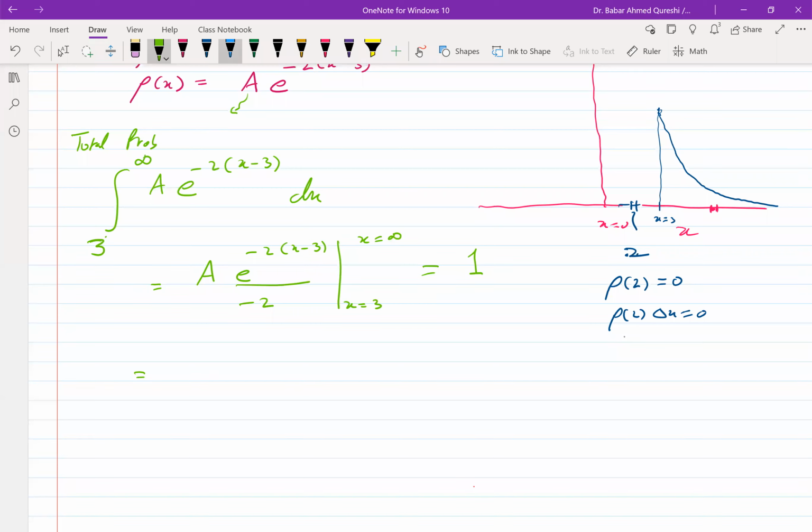Now this is equal to, wait, let me just quickly do it. When I put x equal to infinity over here, that is 0. Minus, when I do this integral, I get this. You don't need to know this integral, but it's a very easy integral. When you integrate an exponential, you get it back, and whatever is multiplying here goes down. Then you put the first limit minus the second limit, which gives you 3 minus 3.